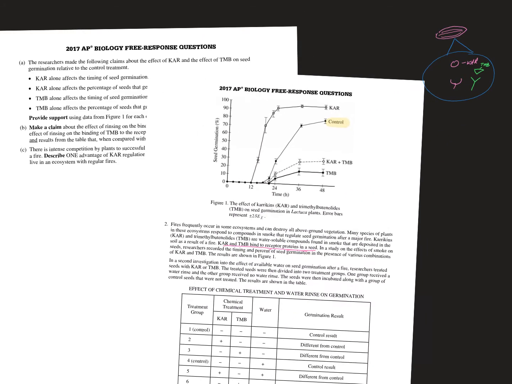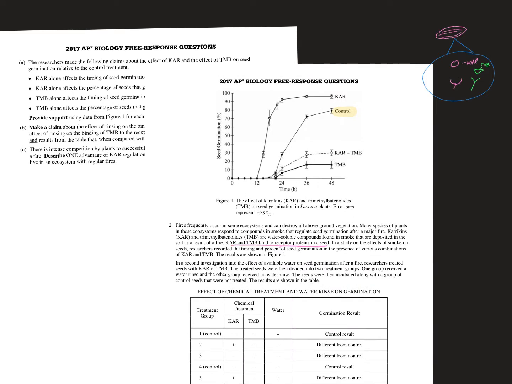Let's do here. It says researchers made the following claims about the effect of KAR and the effect of TMB on seed germination relative to the control group. It says KAR alone affects the timing of seed germination. Well, I think that's fair. KAR alone does affect it, in fact affects it positively.